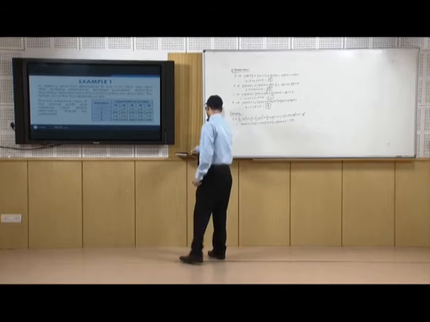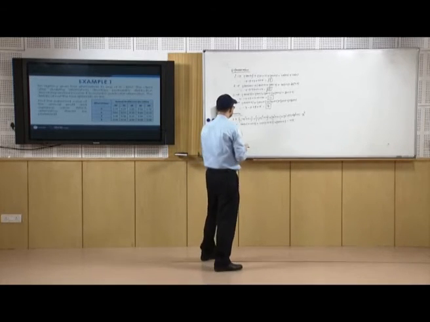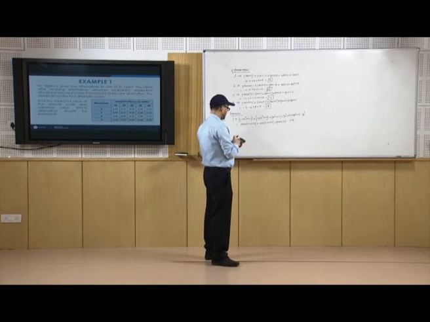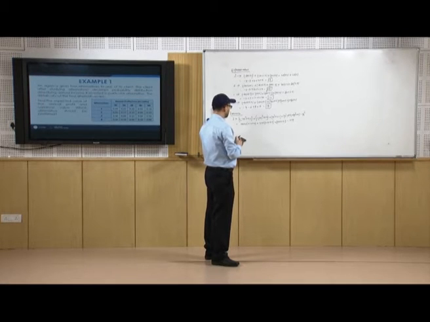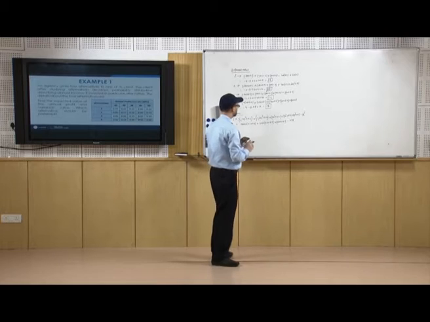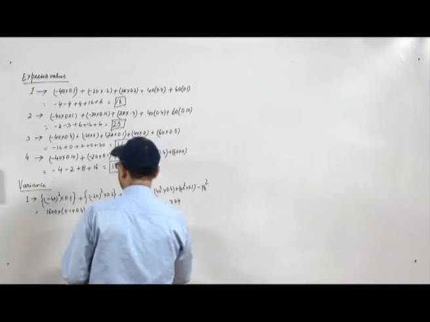So, this comes out to be 800 plus 160 plus 360 minus 324. So, this is coming out to be 996.